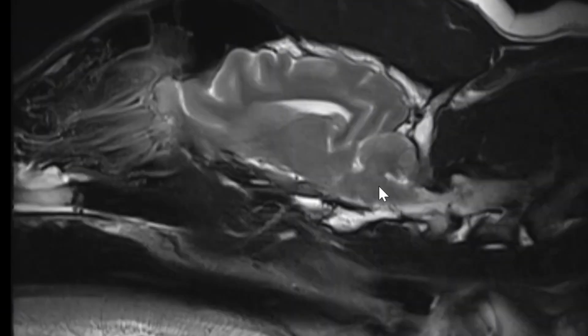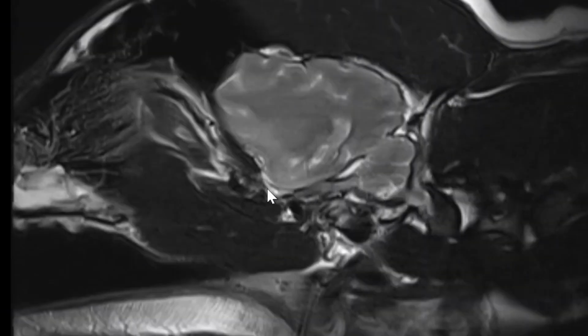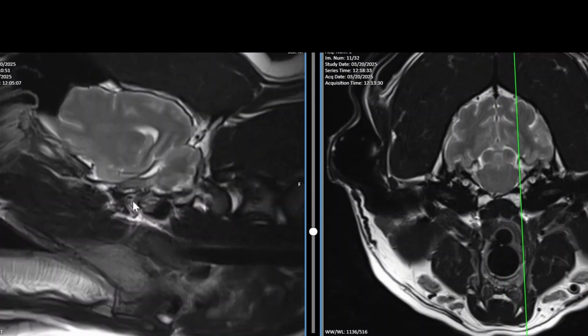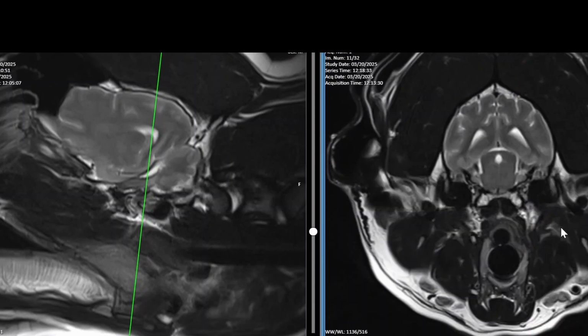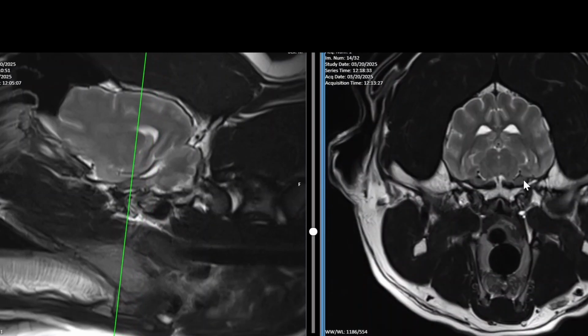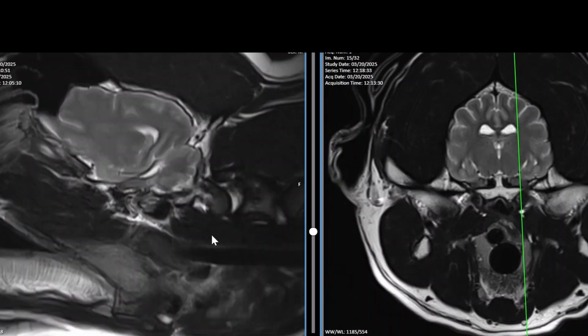First of all, I start with a mid-sagittal T2 weighted image, and I go parasagittally and find the nerve root as it exits at the cerebellopontine angle. Right there. That localizes me to the nerve, so then I get a transverse image and home in on that nerve root, and then simply follow it rostrally.